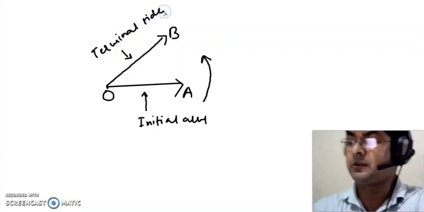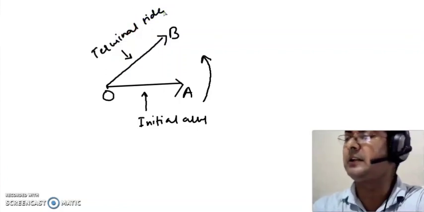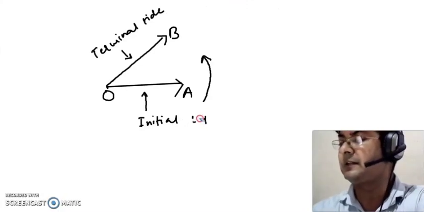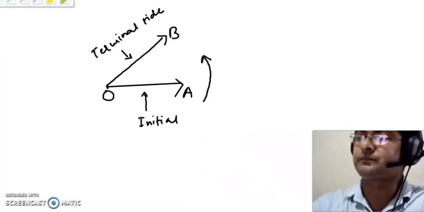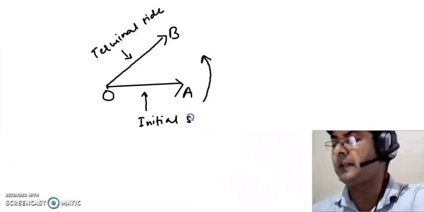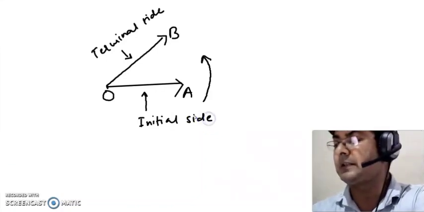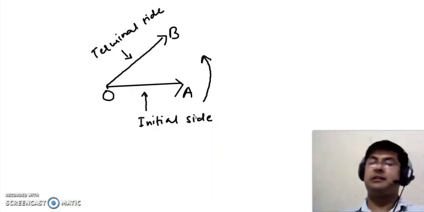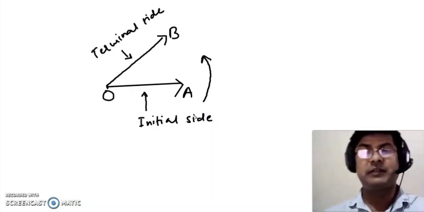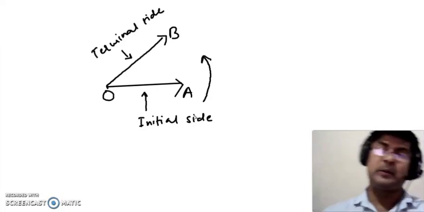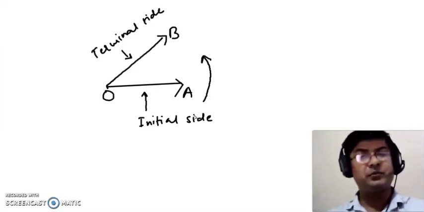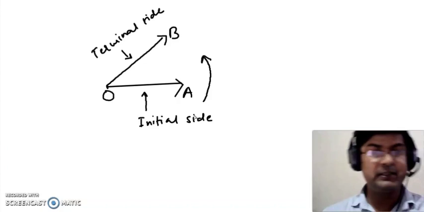Better we use the word side. So we have OA the initial side and OB the terminal side, and the angle is angle AOB. So when any ray rotates, an angle is formed.